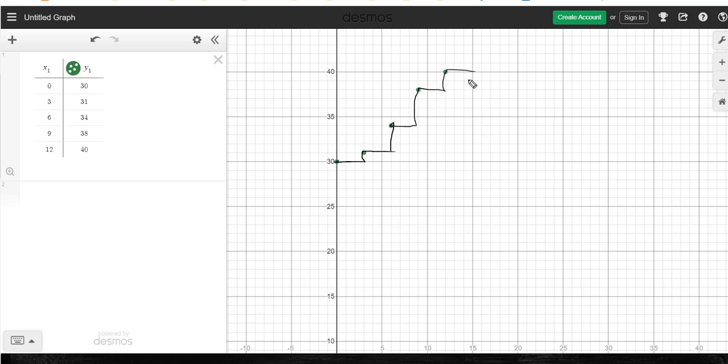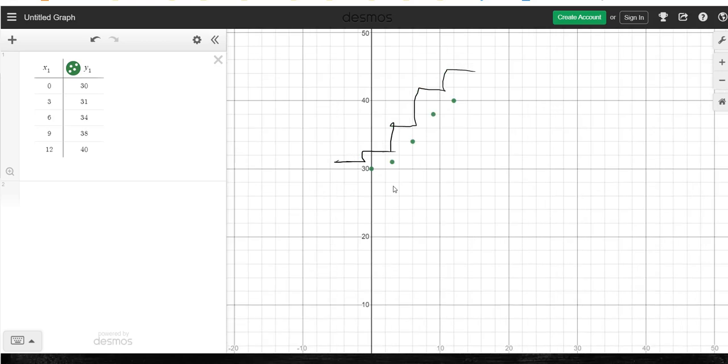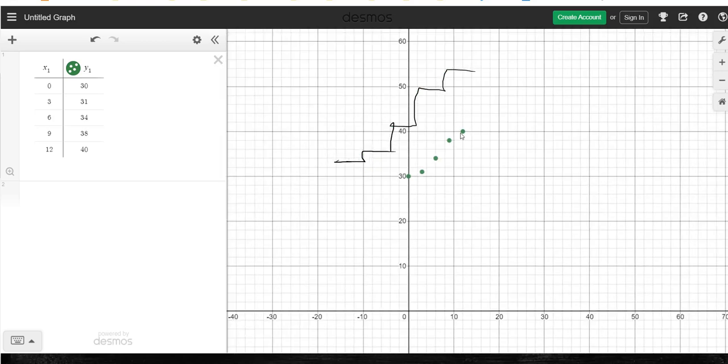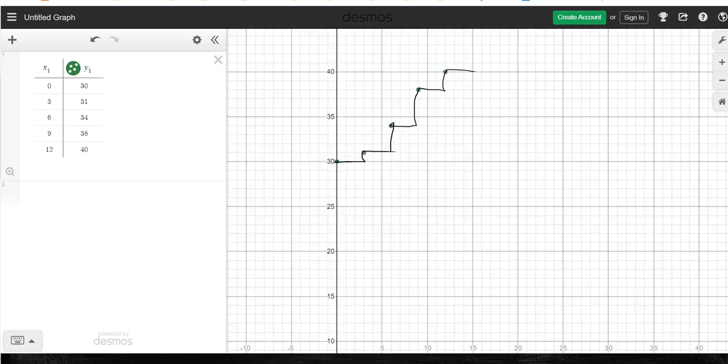And then if I bring this all the way down, depending on whether I'm doing an upper or lower estimate, I need to undo this first one because I'm stopping at 12. But that's kind of the whole point.